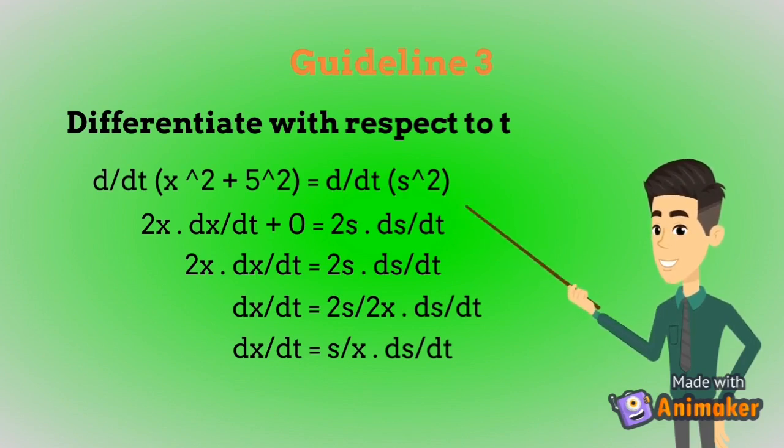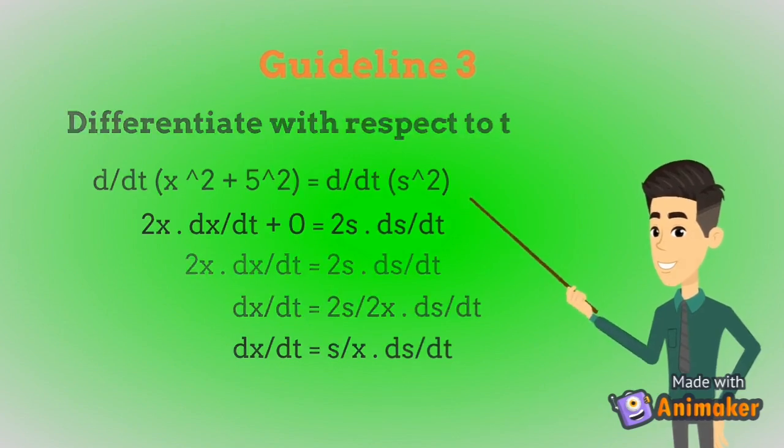Then it becomes 2x times dx over dt equals 2s times ds over dt. Then it becomes dx over dt equals 2s over 2x times ds over dt. And then it becomes dx over dt equals s over x times ds over dt.